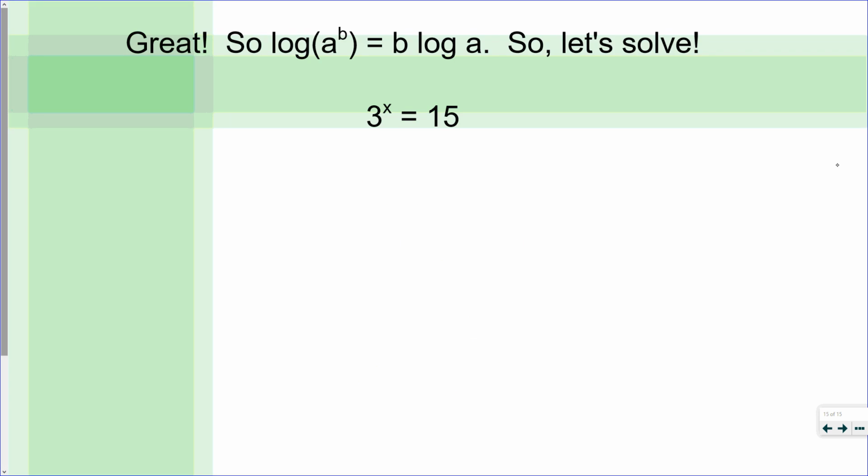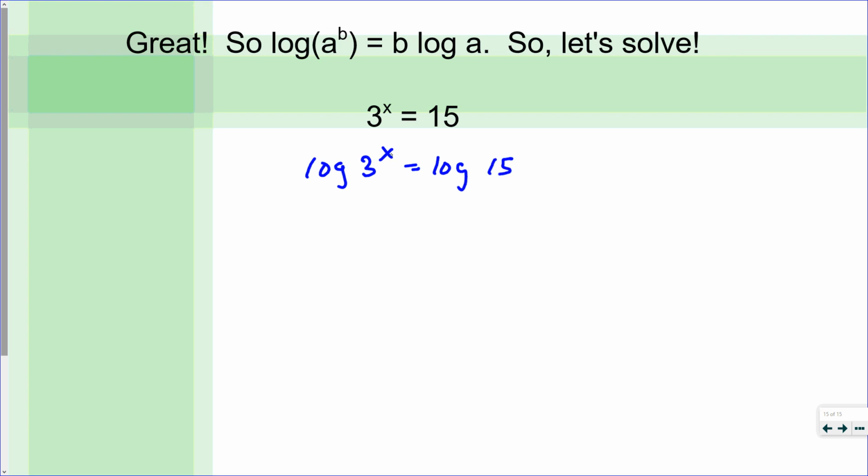So watch what happens here. So log of a to the b equals b log a. If I attempt to apply that here, I'm going to say log of 3 to the x equals log of 15.